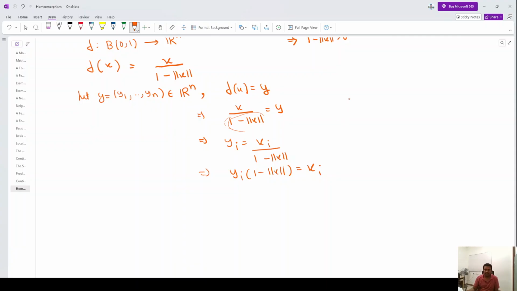So you have two equations. For example, if I take n equal to 2, you have y1 equal to x1 divided by 1 minus square root of x1 square plus x2 square, right?